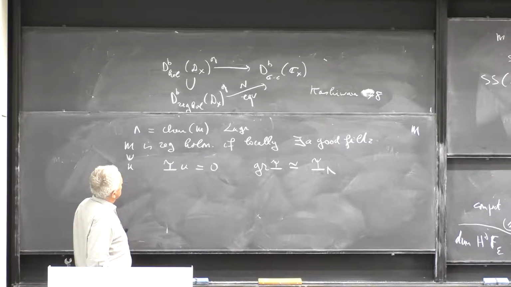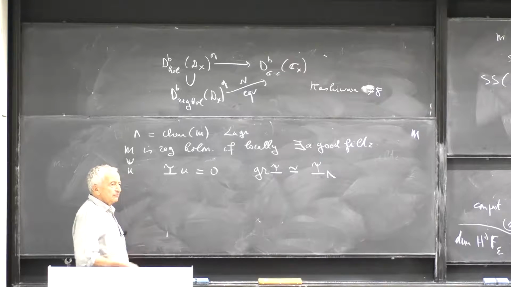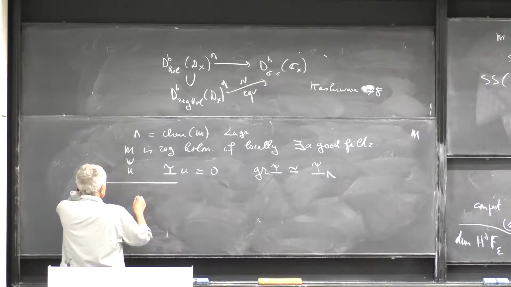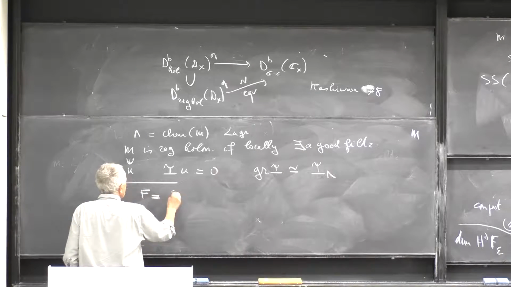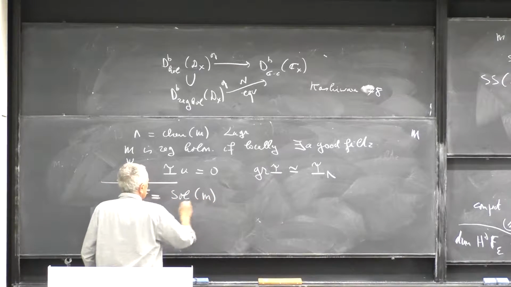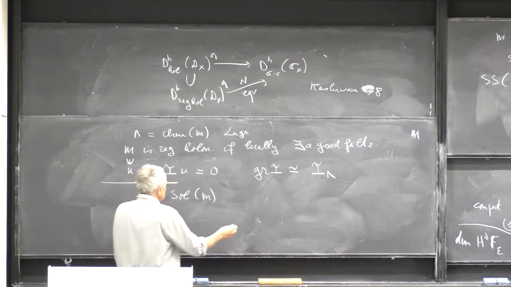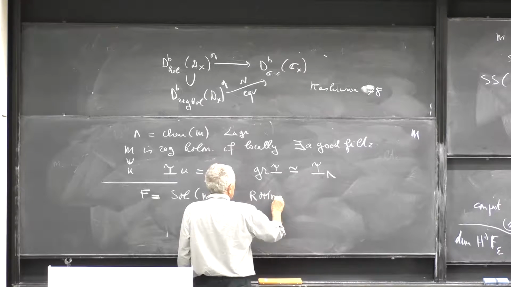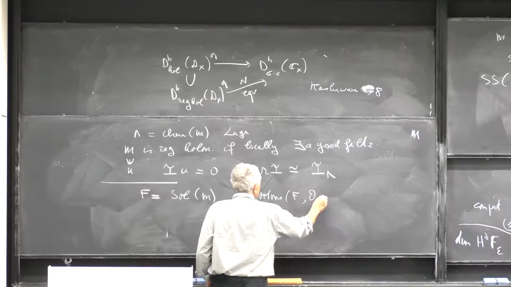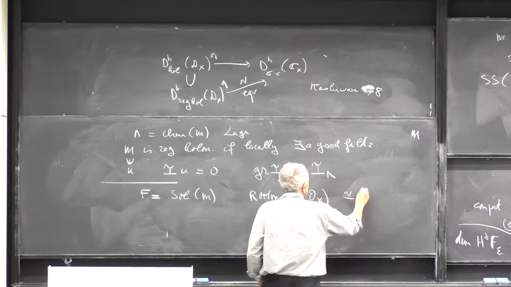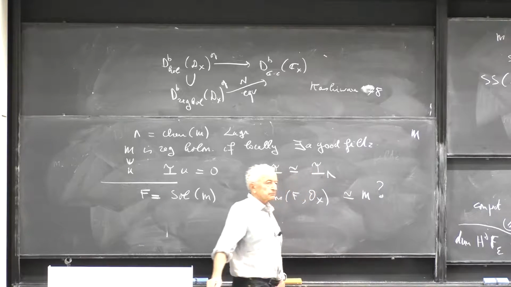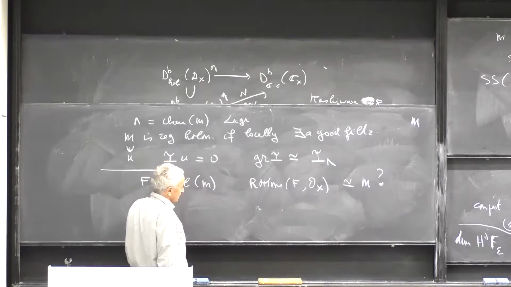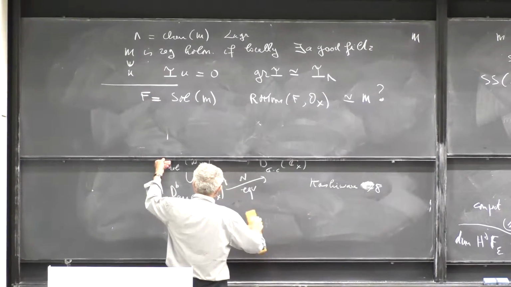But okay. So I explain what can be the inverse functor. Let's call F equal Sol of M. The natural inverse functor will be to apply RHom(F, O_X). That's the most natural. So let's take the simplest example.